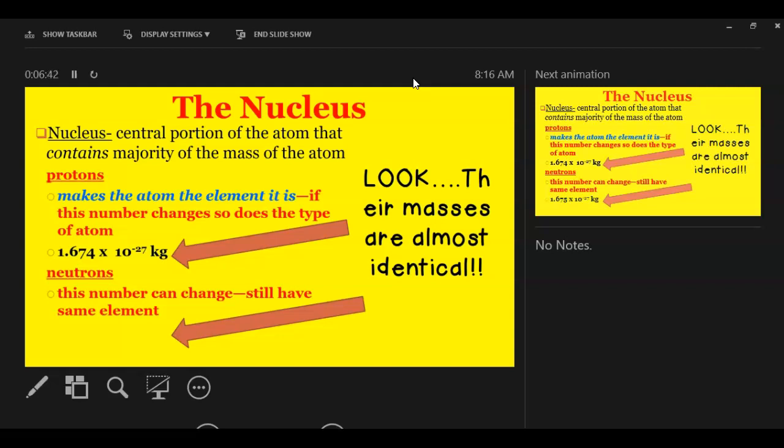Let's see, neutrons. Oops, I know I spelled that wrong. Okay, neutrons. Now, first of all, when I say subatomic particles, I am talking about protons, neutrons, and electrons. Okay? Neutrons have no charge.